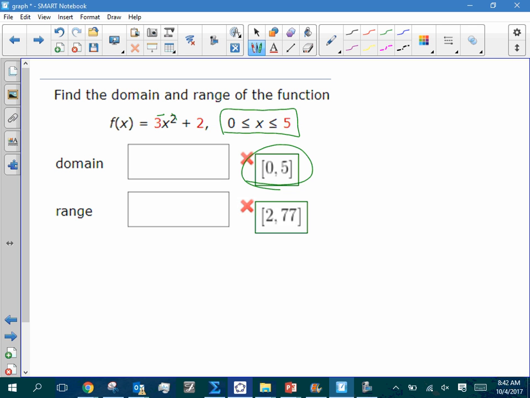Well, f of x is a range value, so when we choose our smallest domain value, we get our smallest range value of 2. So that's where that's coming from. And if I plug in the largest domain value of 5, 5 squared is 25, times 3 is 75, plus 2 is 77, so we get f of 5 is equal to 77, and that's where we're getting that largest range value.